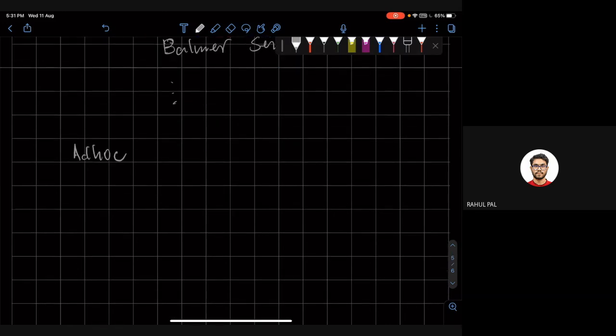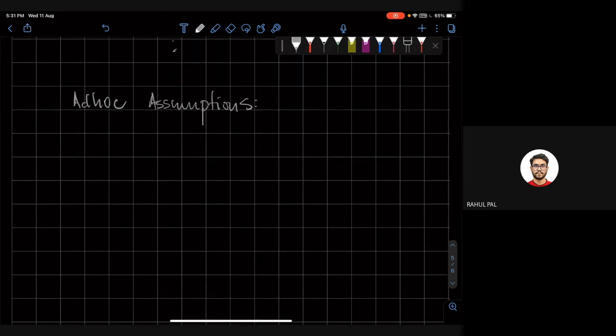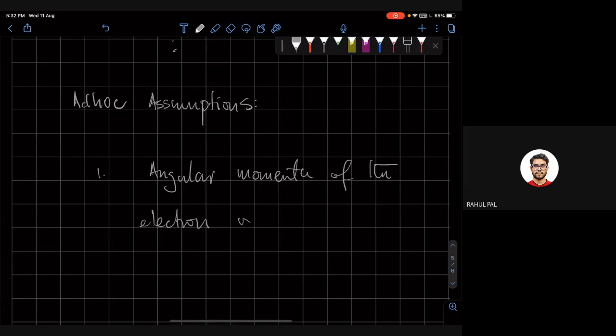So what are the ad hoc assumptions? So one was that the angular momentum, or angular momenta, of the electron orbits around the proton or the nucleus was quantized, okay?